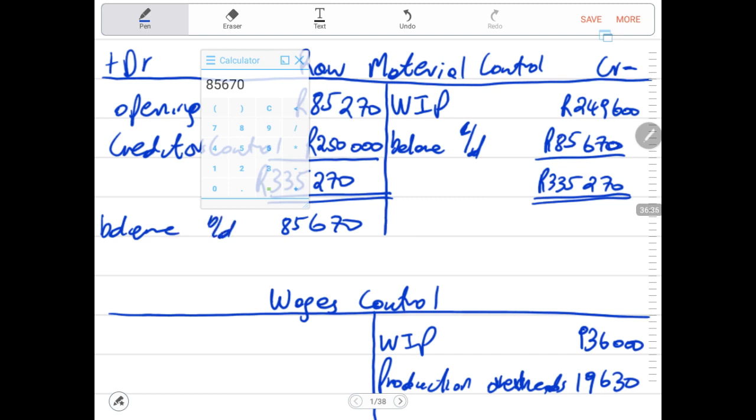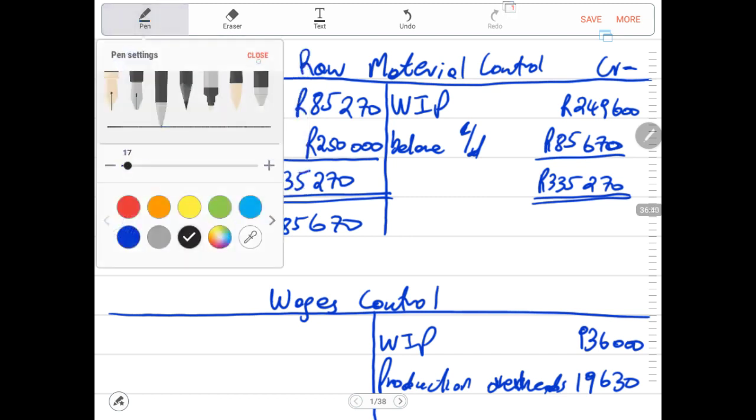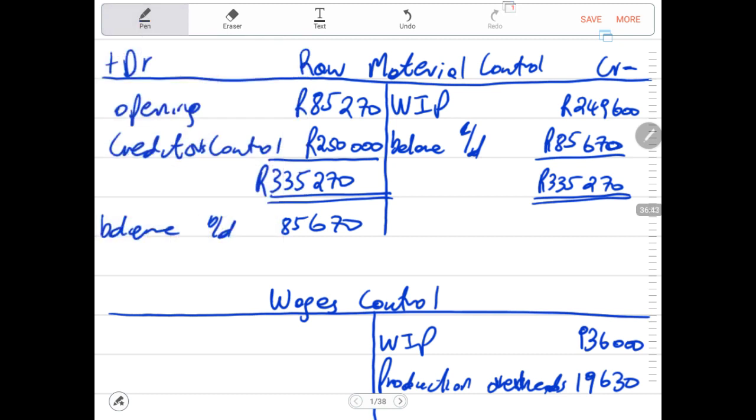I want to highlight something that is very crucial, that is not part of this question. That's why it makes it much easier. If there was indirect material that was issued to the work in progress, indirect material will be recorded on the credit side of the direct material, but the contra entry will be production overheads. Meaning the indirect material, remember, is an overhead.